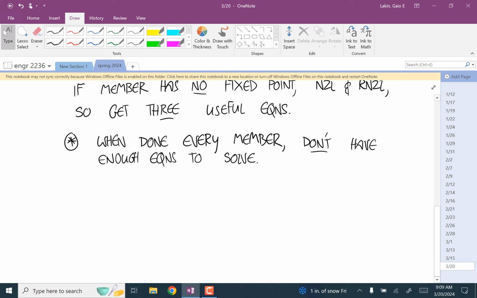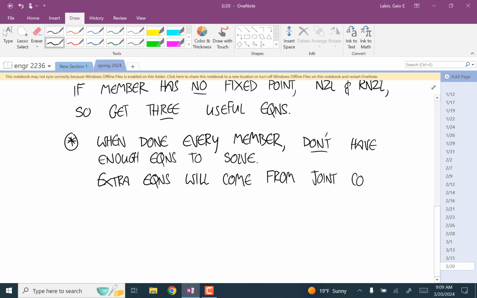So where do the extra equations come from? They come from joint constraints.